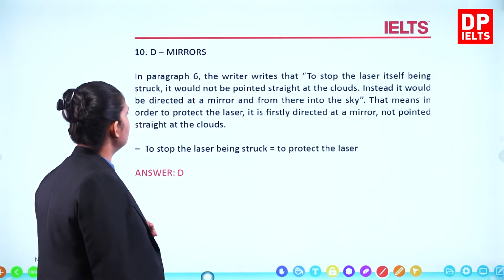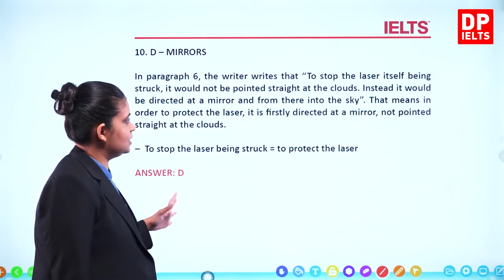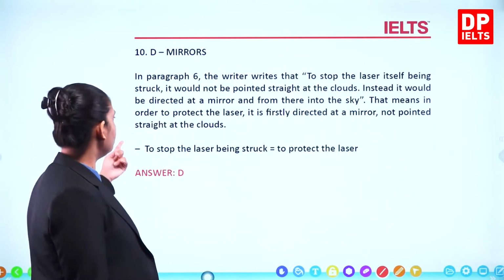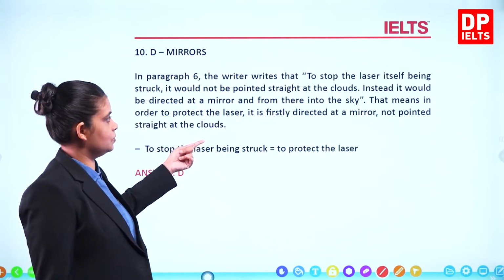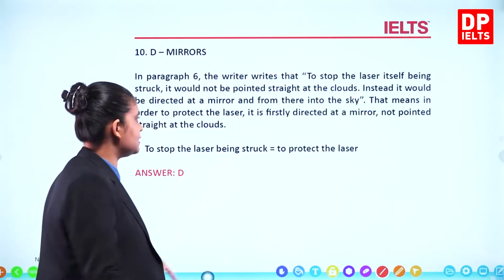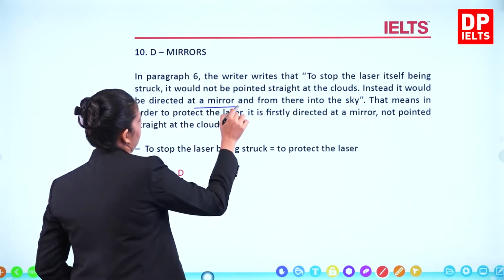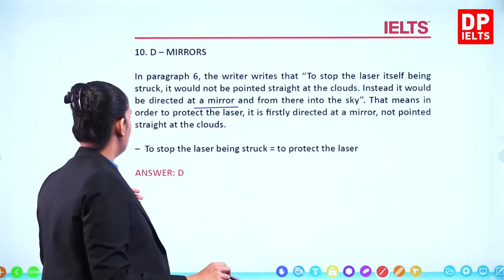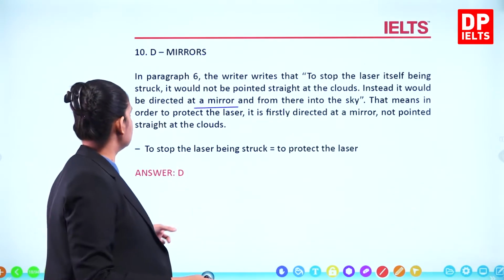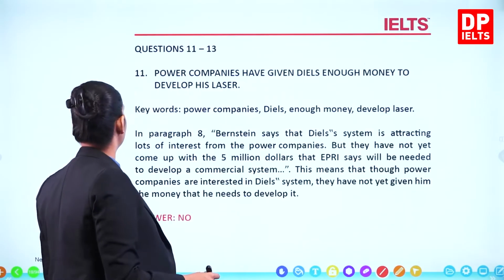That means in order to protect the laser, it is firstly directed at a mirror, not pointed straight at the clouds, right? So to stop the laser being struck is obviously to protect it, so the answer is D, mirrors.